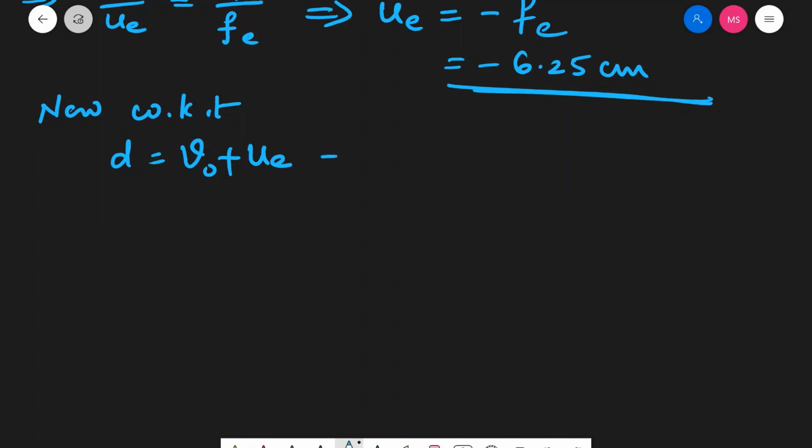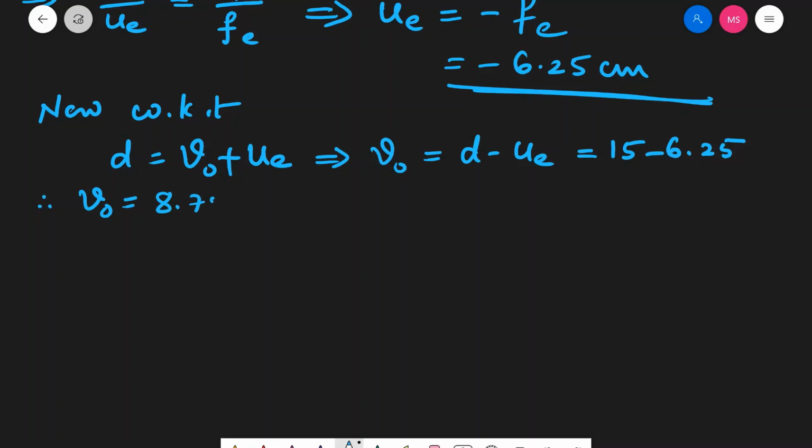So this implies that VO will be equal to D minus UE, that is equal to 15 minus 6.25. So therefore you can say that VO will be equal to 8.75 centimeter.